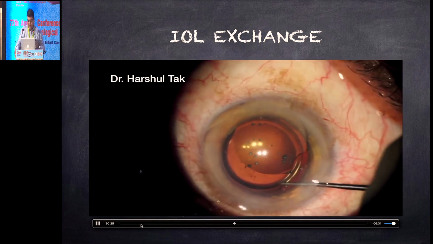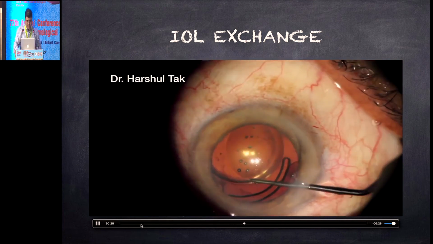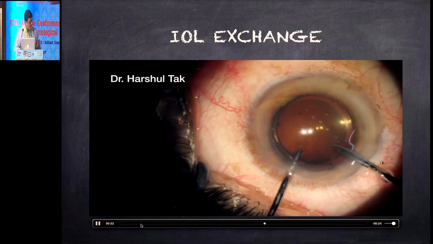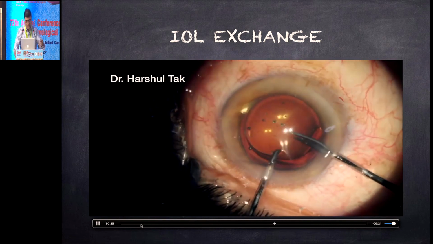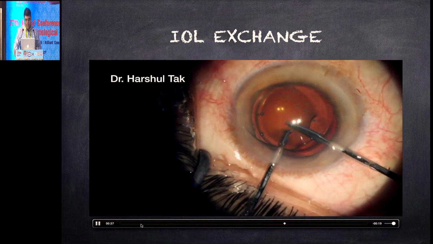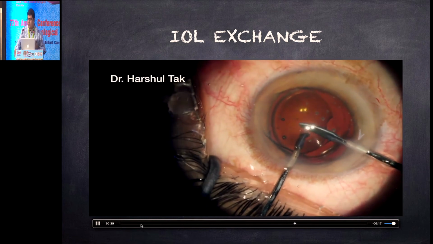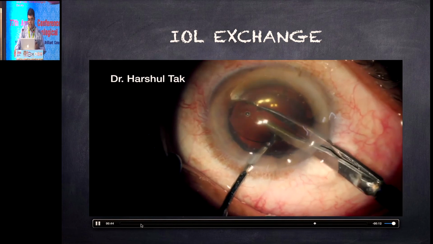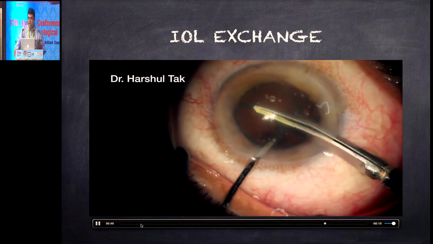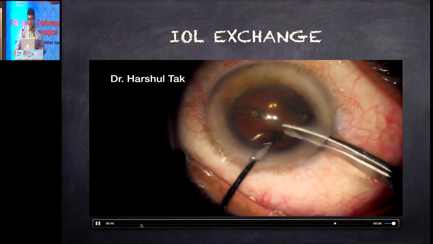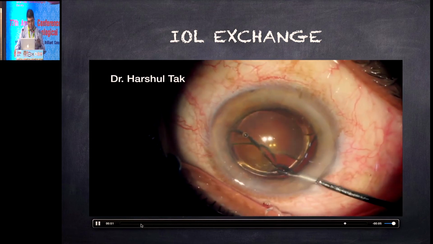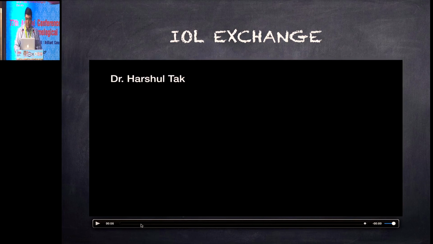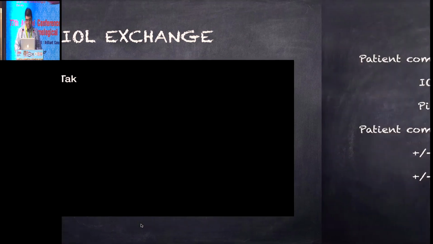Once you put this IOL in the capsular bag, you can go ahead and cut with your scissors. Hold this lens with the micro forceps from the side port. There are many ways to take out this IOL from the anterior chamber. Either you can bisect it completely as I'm doing here, make 2 halves and take them out, or you just give one large cut and by the hinge technique, you can take the whole IOL out with a 2.8 millimeter incision itself.